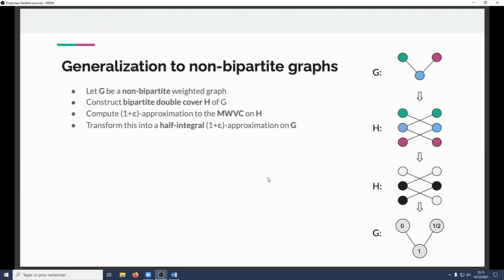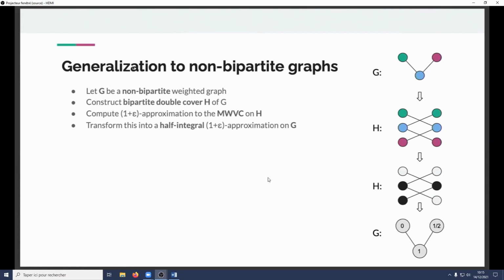If two sibling nodes are not in the vertex cover, the half integral value is 0. If both are in the vertex cover, the half integral value is 1. And if one of both is in the vertex cover, it results in 1/2.